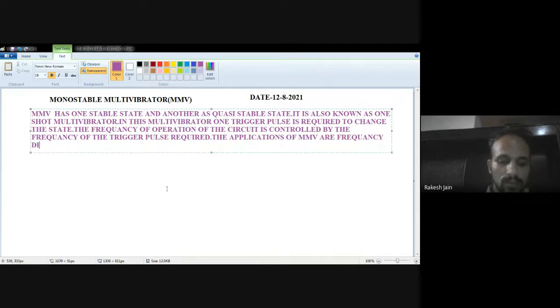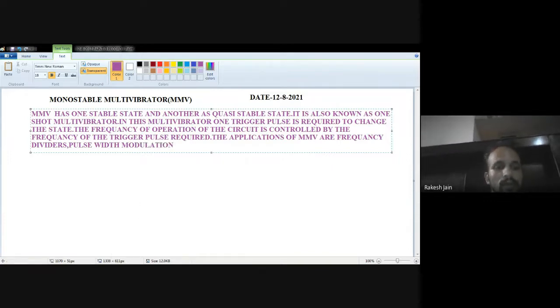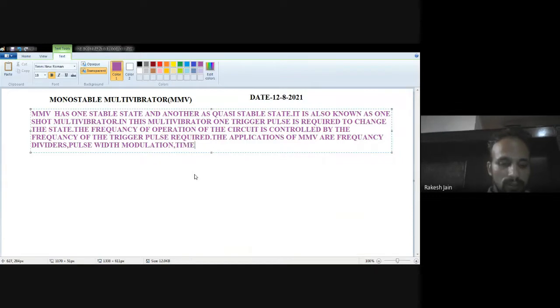So these are the basic applications of the monostable multivibrator, that is one-shot multivibrator, that it can be used in the pulse width modulation circuitry, in the frequency divider approach, in the timers.